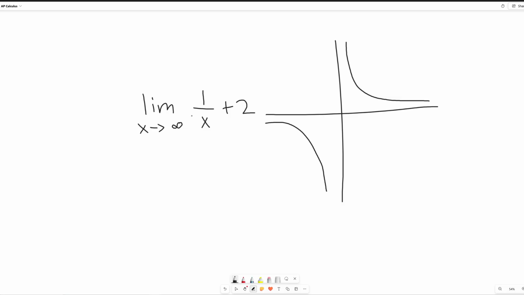So as x approaches infinity, we know this goes to 0. However, this 2 has nothing to do with the x. So as x goes to infinity this part is 0, this part stays as 2, so 0 plus 2 is going to be 2. And this is also going to be the horizontal asymptote of the function.